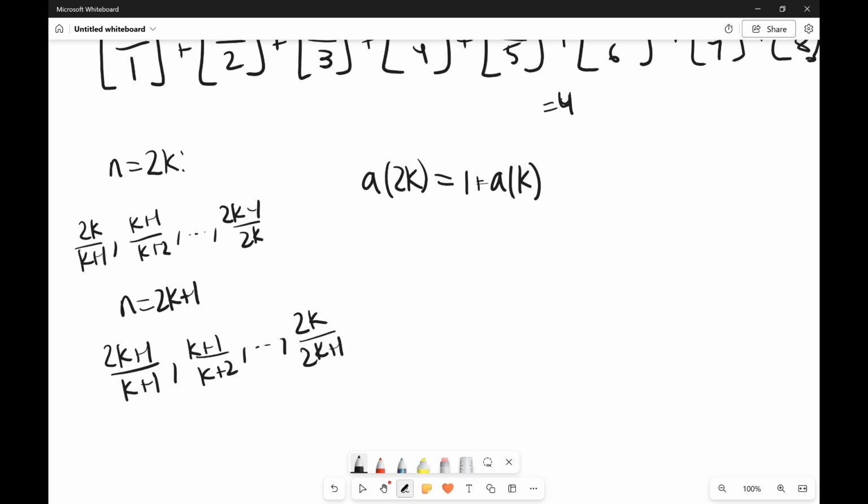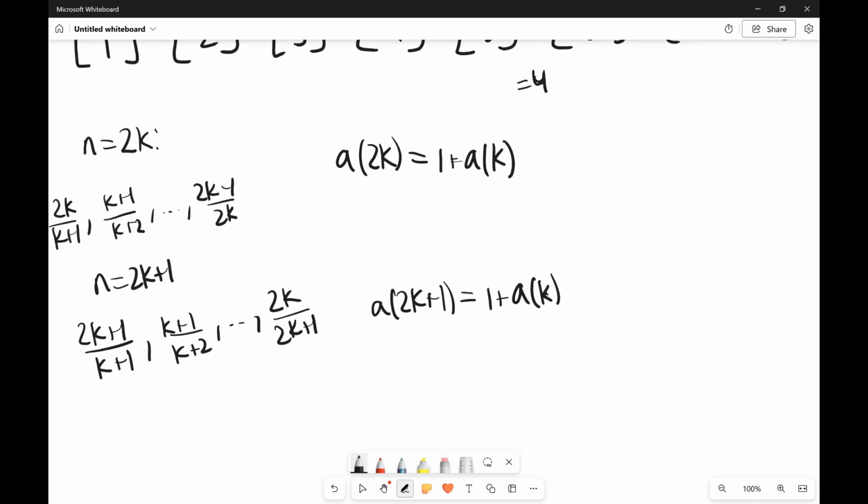And we end up getting that a of 2k plus 1 is equal to 1 plus a of k. And we immediately notice that this is a logarithmic type of thing, and obviously we should remark that a of 1 is equal to 1, and a of 2 is equal to 2. We can just bash those cases out.